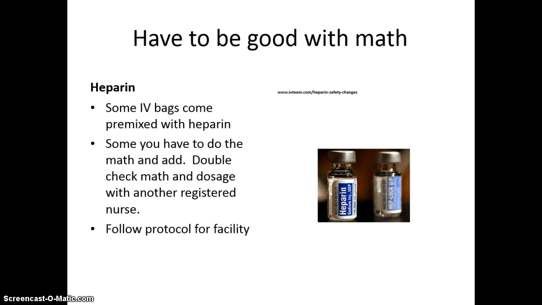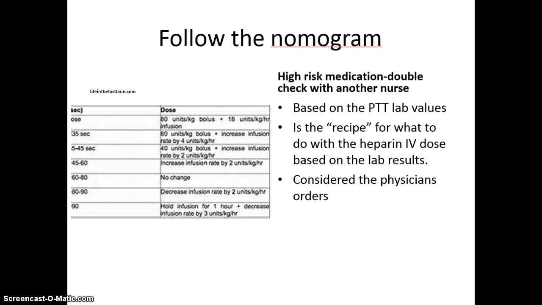Like I said, you'll definitely want to double check your math and your IV pump with another nurse because of the high-risk nature of administering heparin. We follow the protocol of the facility. A nomogram is kind of like the recipe that the doctor leaves for what you do. You get a PTT level back, and the lab values then will tell you what you do with that.